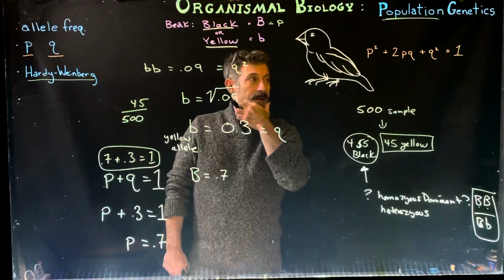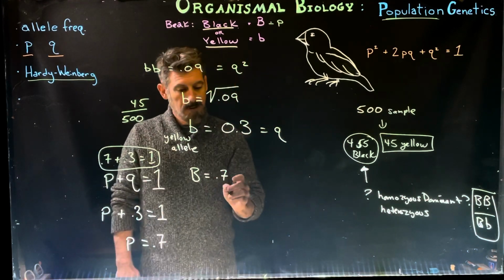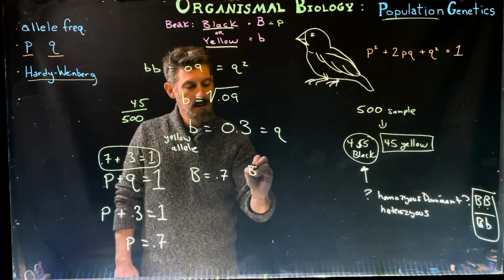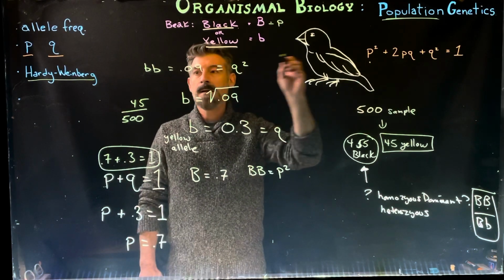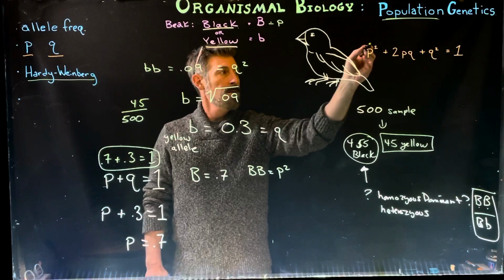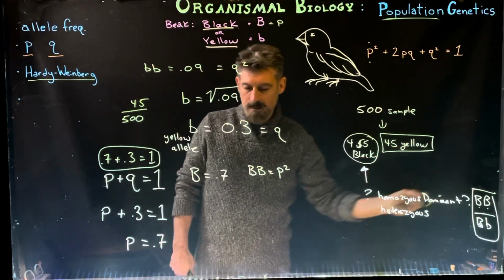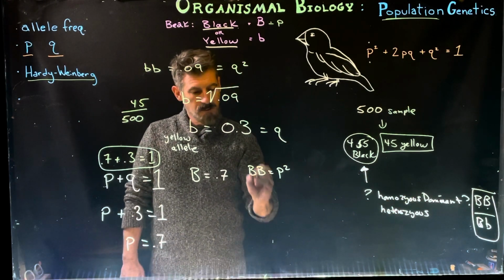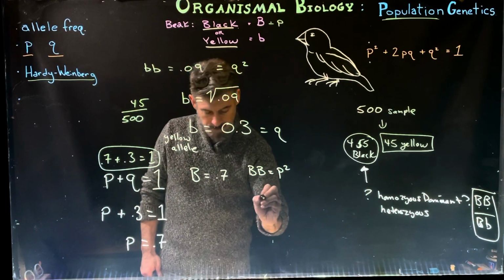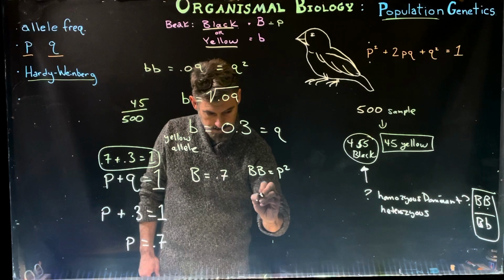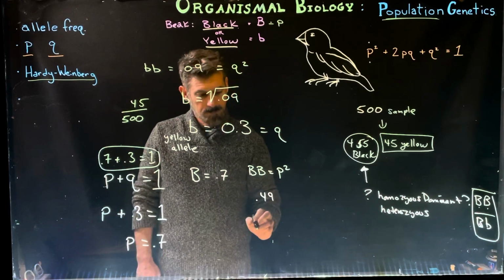So now we can come over here and say, okay, BB is equal to p squared. That's what that's representing, the homozygous dominant individuals. And so that's 0.7 times 0.7, so that's going to be 0.49.